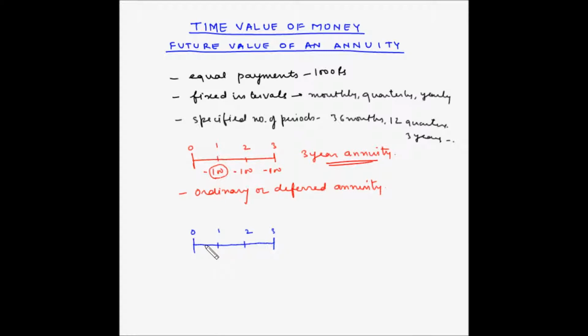The beginning of the first year is this line here, where we made a cash outflow or an investment of 100 rupees. Then again at the beginning of the second year we invested 100 rupees, and at the beginning of the third year again we invested 100 rupees. So this is also a 3-year annuity.